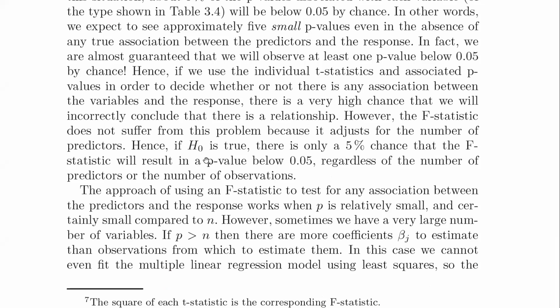Hence, if H naught is true, so if the null hypothesis is true, that would mean that there is no relationship between the response variable and any of the predictor variables, there is only a 5% chance that the F-statistic will result in a p-value below 0.05, regardless of the number of predictors.